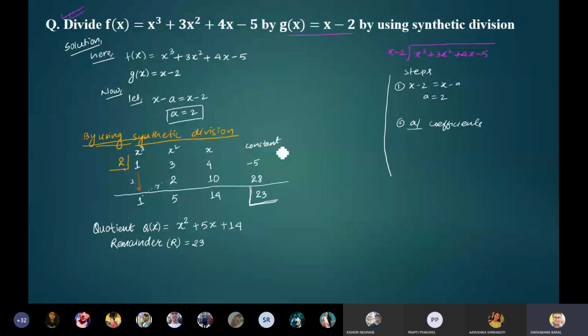You may not find these things in your books also, but for your guidance, you may write here x cube, x square, x and a constant, and write the coefficients on the first line along with this divisor, and drop this first coefficient or the leading coefficient, multiply this 2 with 1, and you will get 2 here. 3 plus 2 will be 5. 2 times 5 is 10. 4 plus 10 will be 14, and 2 times 14 is 28. 28 minus 5 will be equals to 23, and your quotient will be x square plus 5x plus 14. Okay, let me summarize the whole thing.